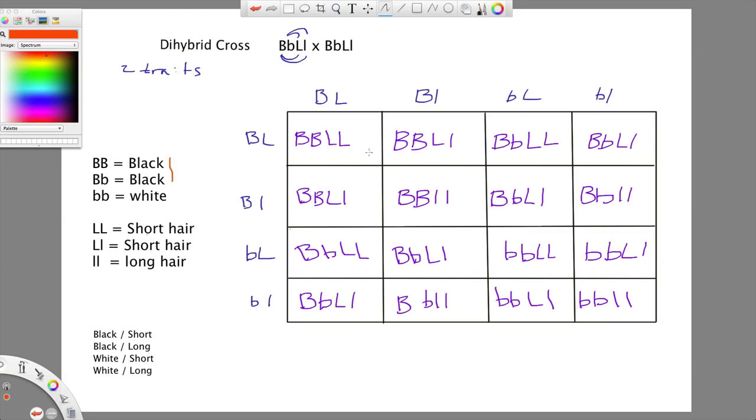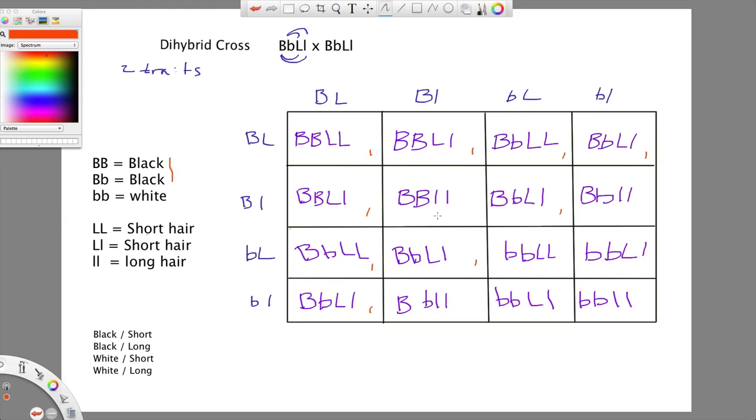So if I go through, this box right here has a capital B and a capital L, as does this one, and this one, this one, this one, this one, this one, this one, no, no, yes, no, no, no.